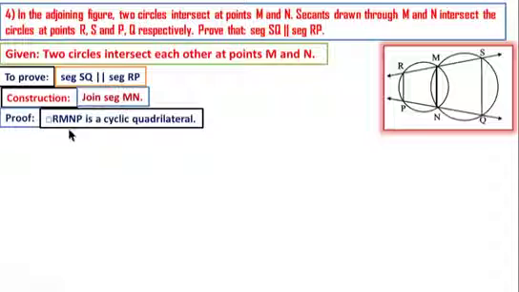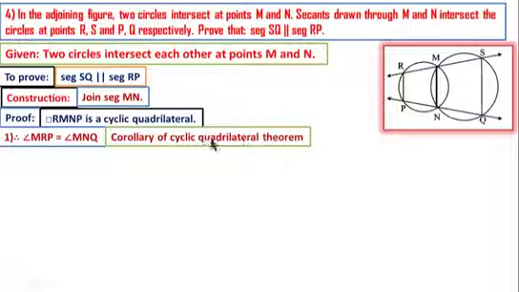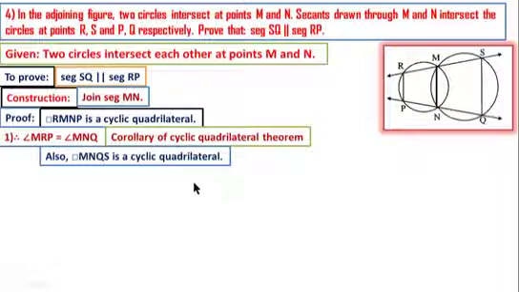Proof. Quadrilateral RMNP is a cyclic quadrilateral. Therefore, statement number 1, angle MRP is equal to angle MNQ, corollary of cyclic quadrilateral theorem. Also, quadrilateral MNQS is a cyclic quadrilateral.